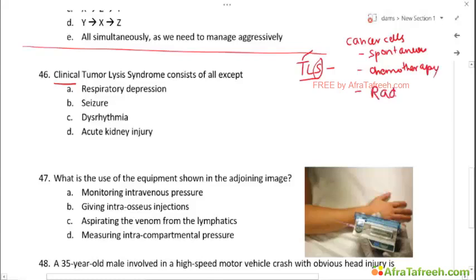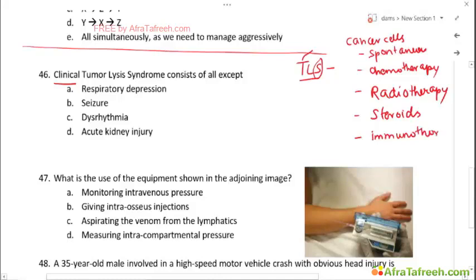This could be because of radiotherapy. It could be because of steroids. It would be because of immunotherapy. A lot of things can precipitate the cancer cells to lyse.